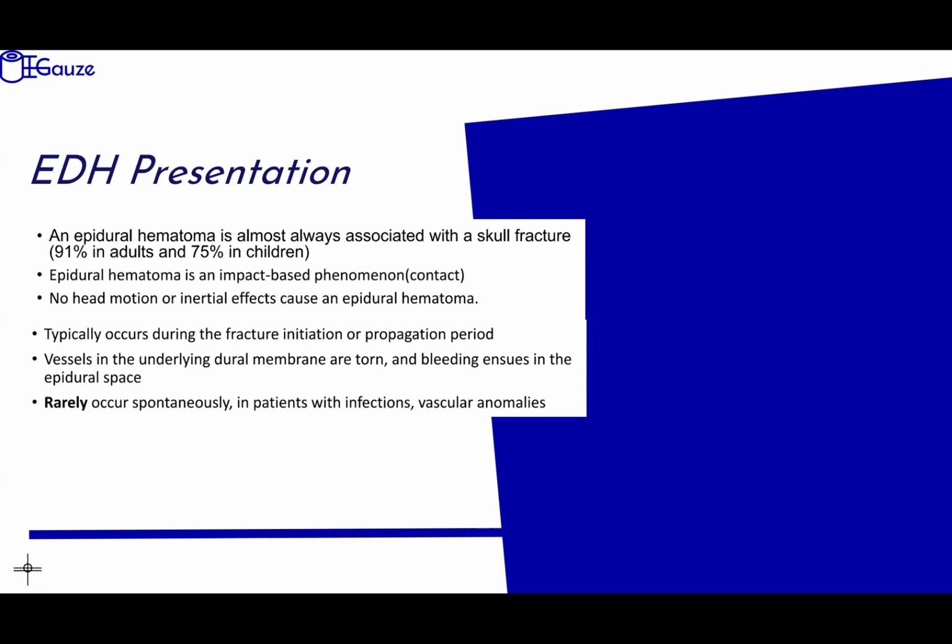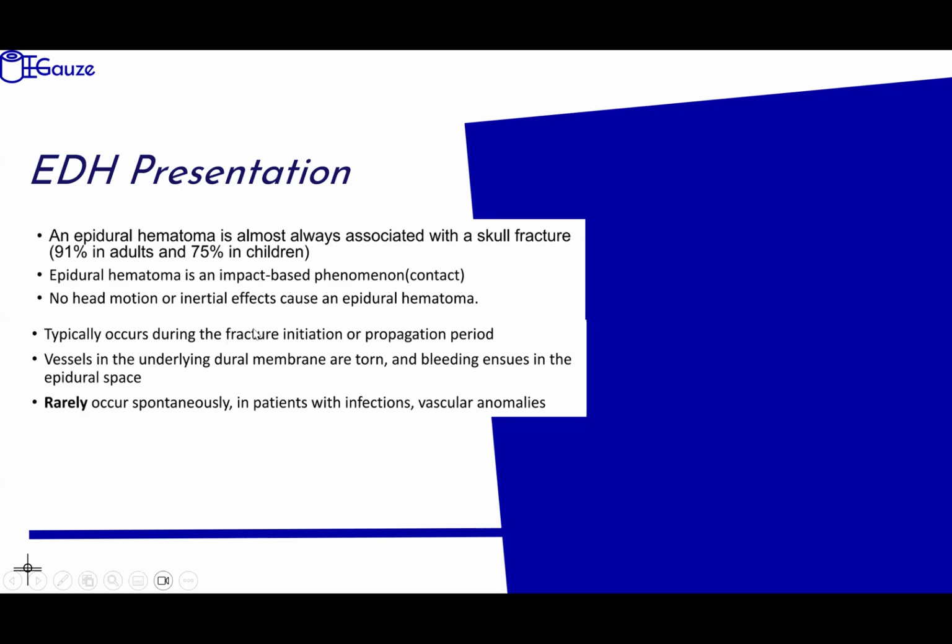As we mentioned earlier, epidural hematoma is almost always associated with skull fracture. It's an impact-based phenomenon, like you have to have direct contact to cause an epidural hematoma. Small head motion or inertial effect alone cannot cause an epidural hematoma.